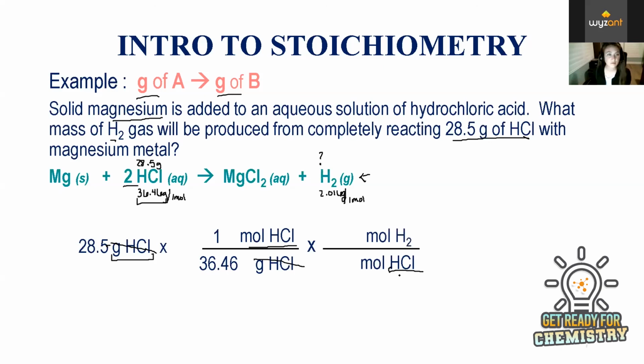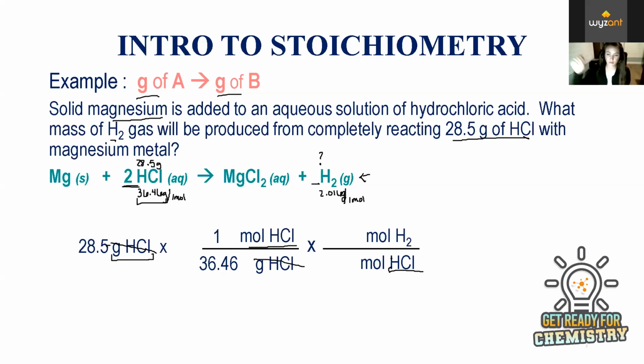So moles of H2. Now, in this step, moles over moles, you're looking at the coefficients in the balanced equation. H2 is 1, because there's nothing written, and HCl is 2. I always put units first, and then I fill in the numbers to make sure they're in the right places. The biggest mistake I see on stoichiometry is kids trying to do this without the units, and then they mess up.